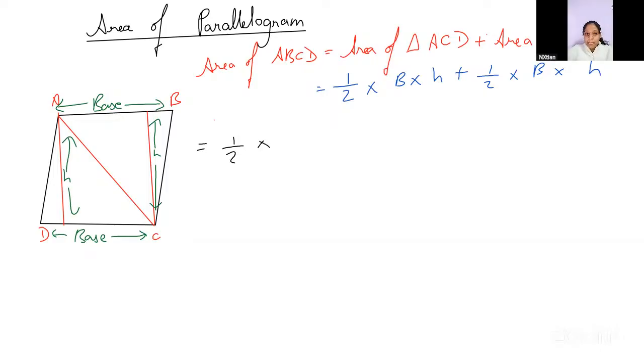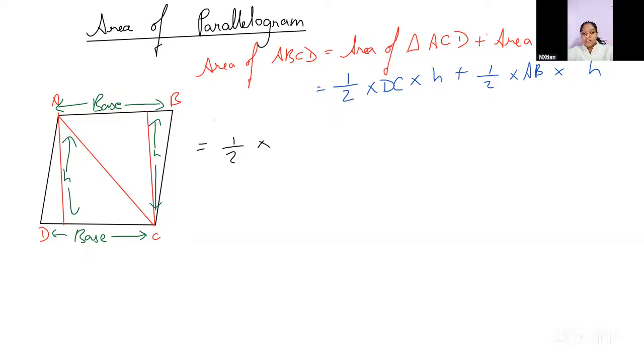See, one thing is common. Here, instead of base I'm writing those sides: first base is DC, second base is AB.